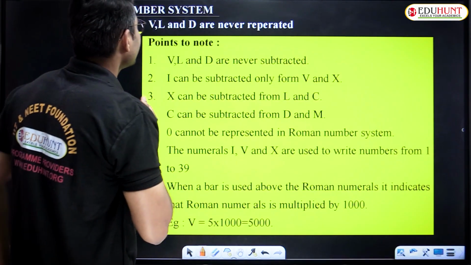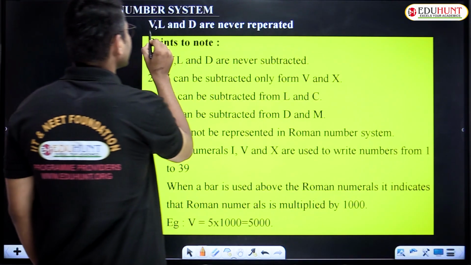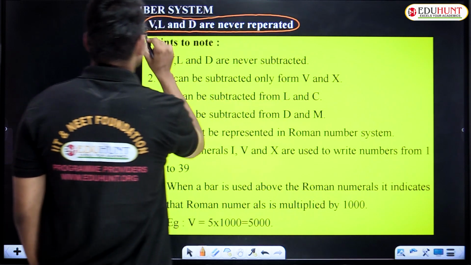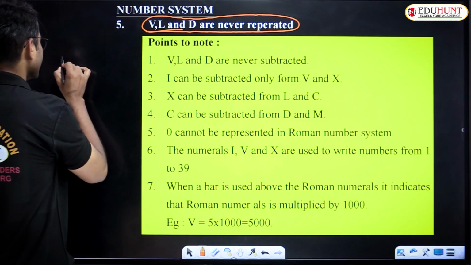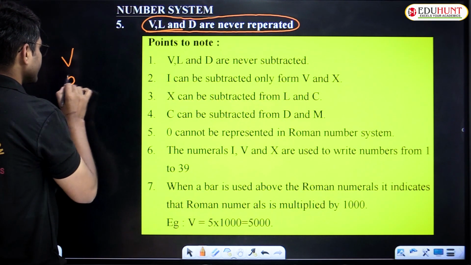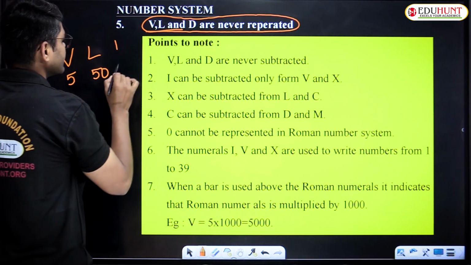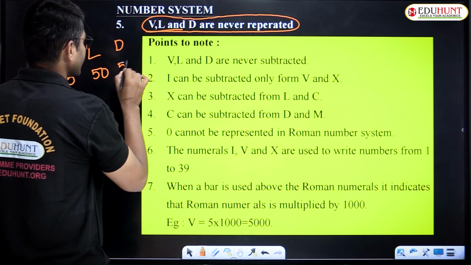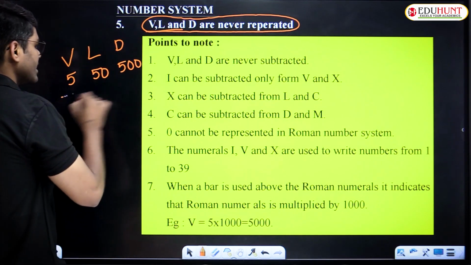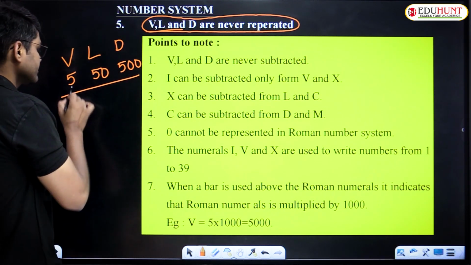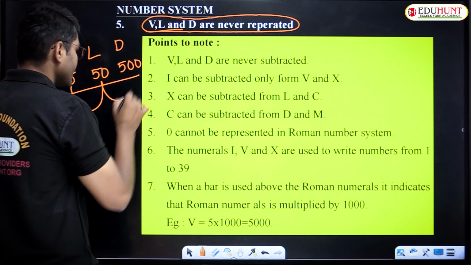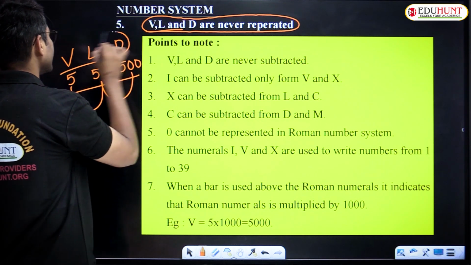Here V, L, D are never repeated. What is V? 5. L is nothing but 50. D is nothing but 500. These are multiples of 5: 5, 50 and 500, and they are never repeated.